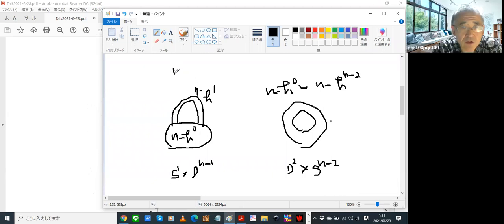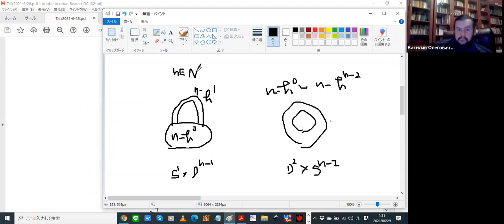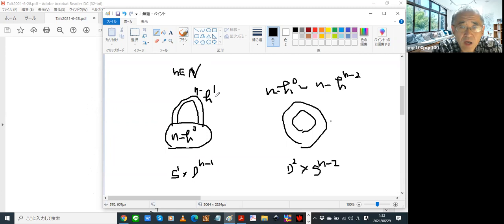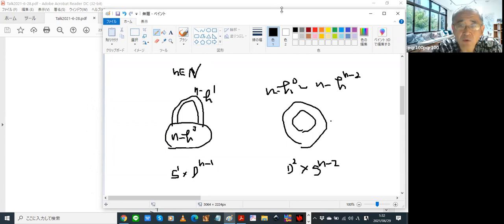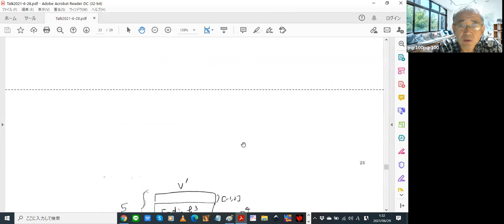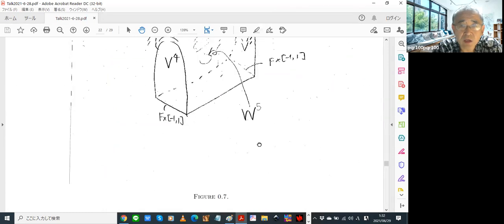Yeah, n is a natural number. Okay. So if n is 4, 1 handle becomes 2 handle. If n is 5, 1 handle becomes 3 handle. Great.